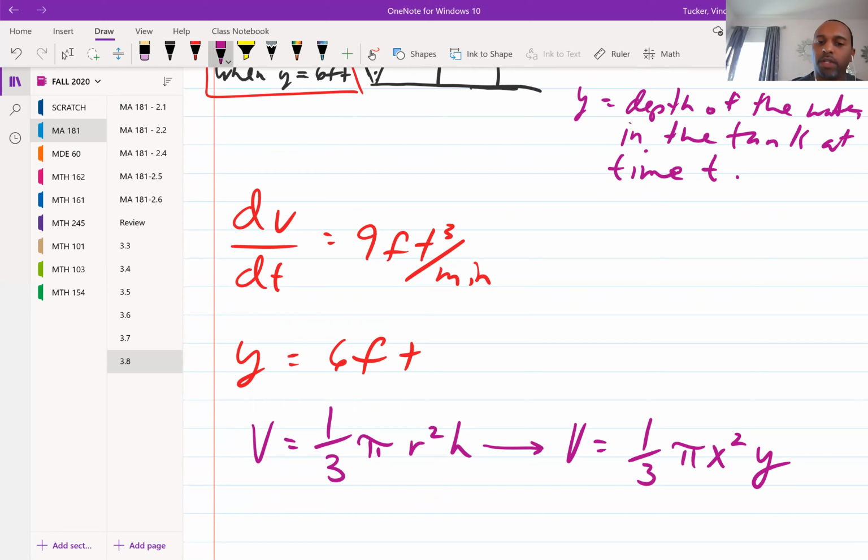You know, r is your radius and y is your height. So we take that and apply it to the variables that we have: 1/3 pi x squared y. So that's just our general formula.